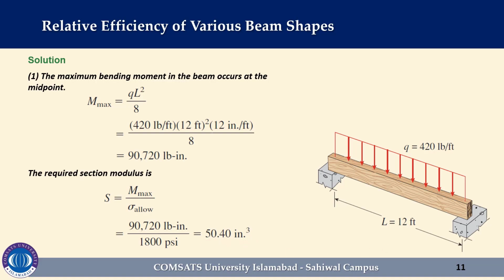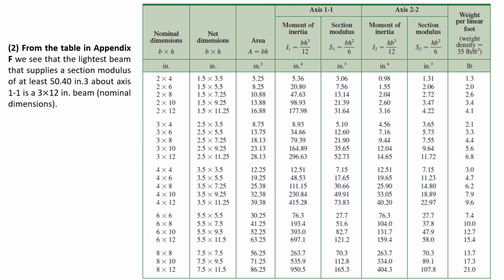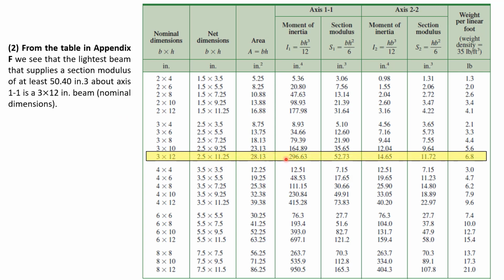Now we will move on to the table that contains the properties of structural lumber. We see that the lightest beam that supplies a section modulus of at least 50.40 is a 3 × 12 inch beam. This beam has a section modulus equal to 52.73 inch cube and weighs 6.8 pound per feet.